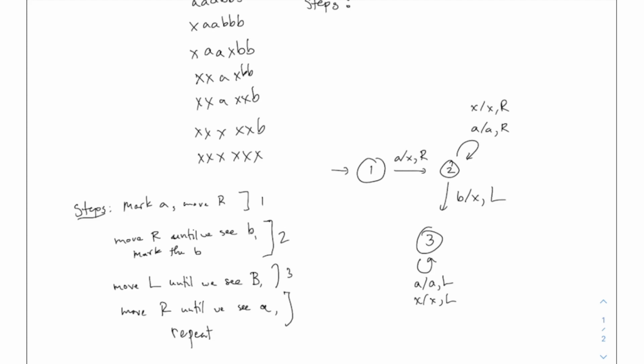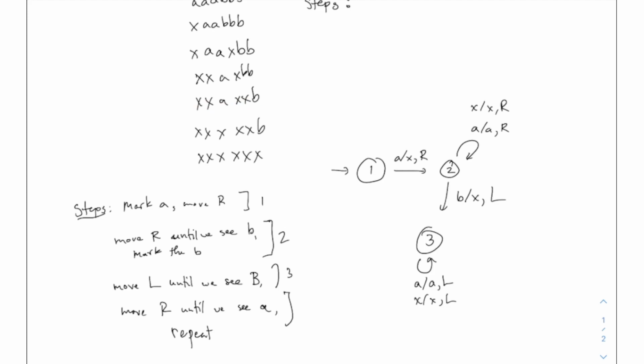I think at this point it wouldn't hurt to put in B, B, L, but after you marked a B, everything to the left is always just X's and A's, so it's not necessary.